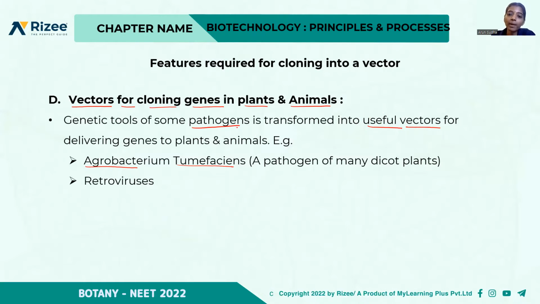Because these pathogens are able to introduce this carcinogenic gene into an animal or the tumor causing gene into a plant, and they are transforming this into a useful vector for delivering genes to plants and animals. Okay, so here this is called disarmed, that is we are destroying the disease causing effect of that particular virus or the particular organism.